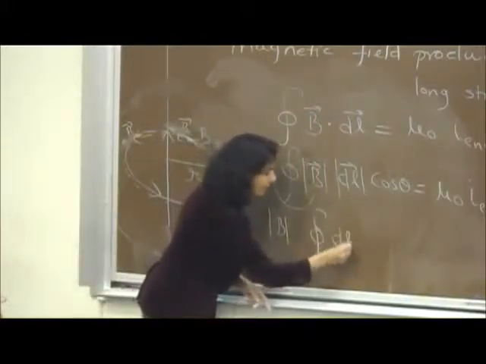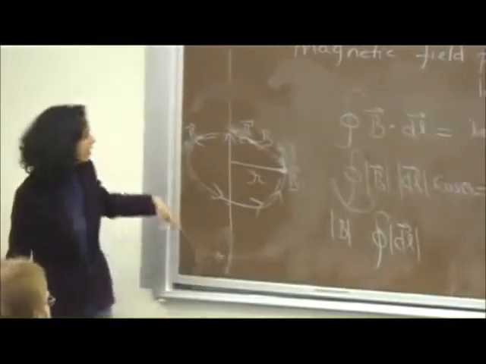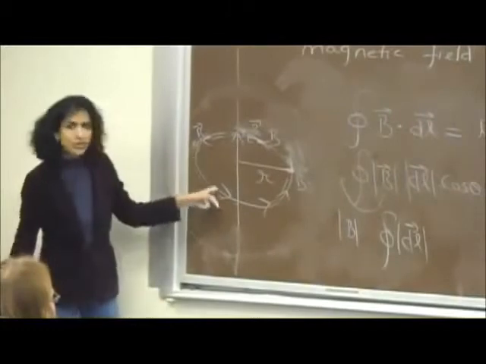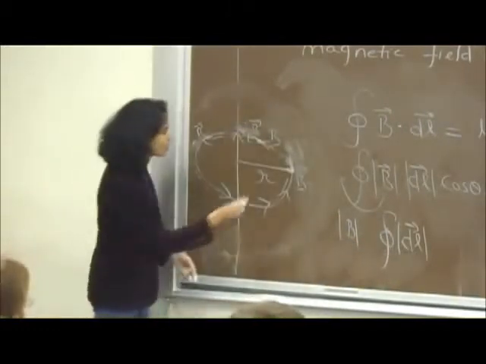Also notice another thing. What about cosine theta? If the magnetic field is forming closed circles, what is the direction of dl? dl is also always tangent to the loop.